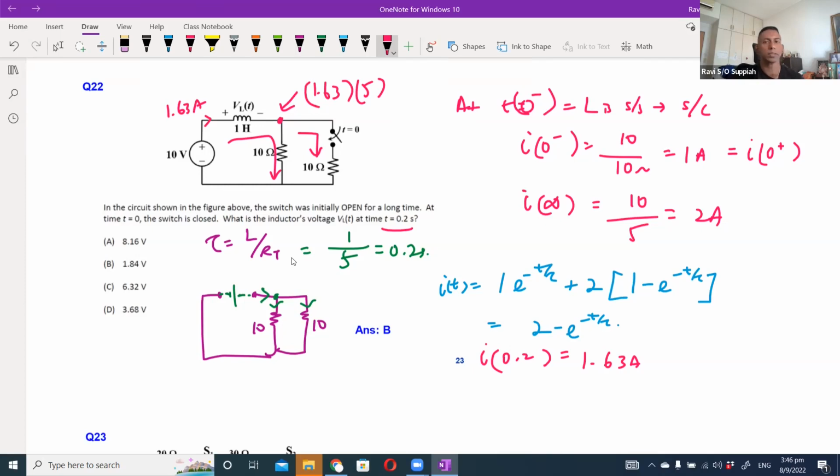Correct, that is the voltage seen at that point, which is the parallel of the two 10 ohm resistors. So the voltage across the inductor is basically 10 minus 1.63 times 5, which is 1.84 volt. Okay, so that's how you get the answer B.